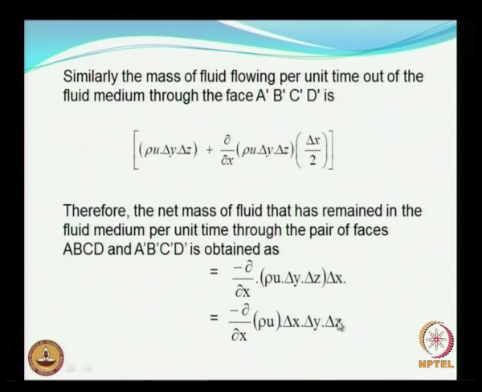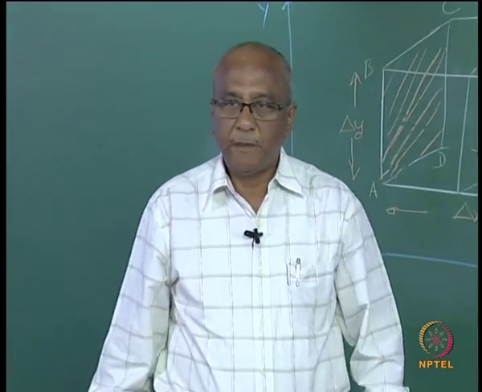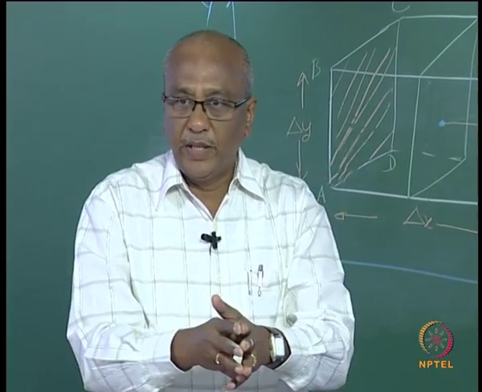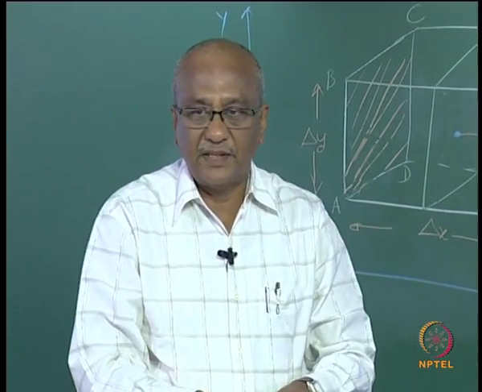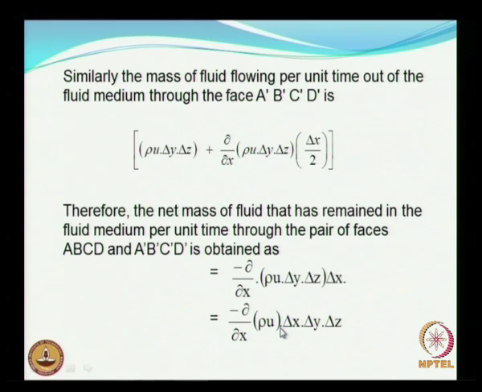But delta x is not going to be a function of x, because we have considered an element of fluid. When we consider an element of fluid, the lengths are fixed, hence the delta x can be taken out, but we retain the variation of u and density with respect to space here.